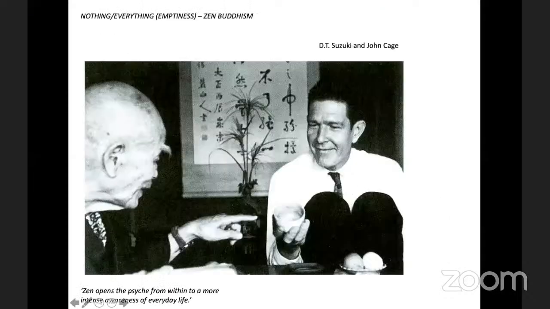And so the next component of 433 is nothing or everything, and this question of what that is. In Zen Buddhism, nothing has always been everything, or there was no such thing as void. Basically, it's taught us that emptiness is form, form is emptiness, for 2,500 years.